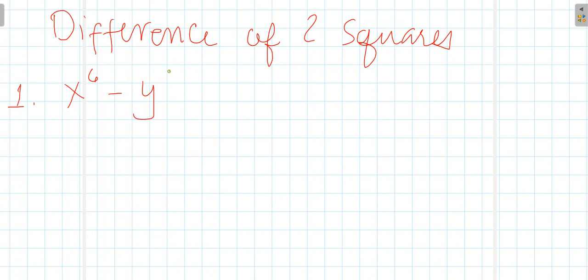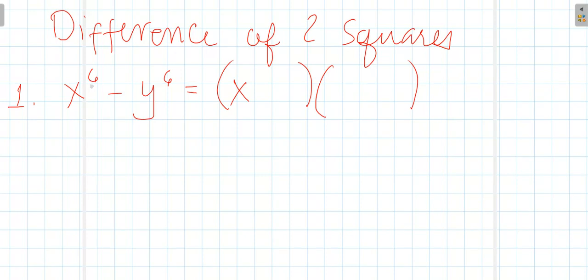How about we have here the difference of two squares. Okay, so for example, number 1, if we have x to the 6th minus y to the 6th. Get the factor by finding first the square root of the first term.